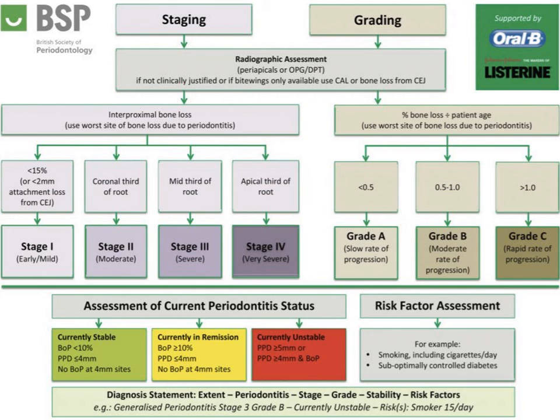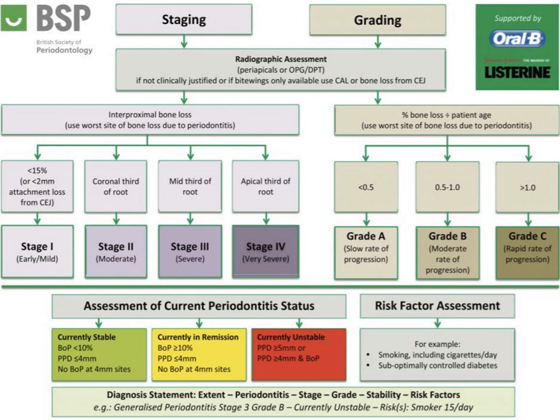First of all, determine the extent of disease, whether the case is localized or generalized or has a molar incisor pattern. Second, determine the stage of the disease, and of course, you take the worst of your measurements to give the score of the stage.